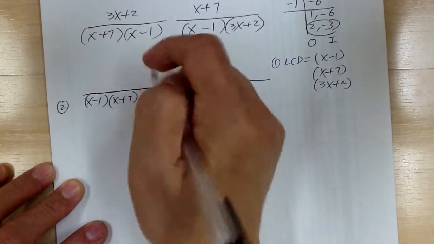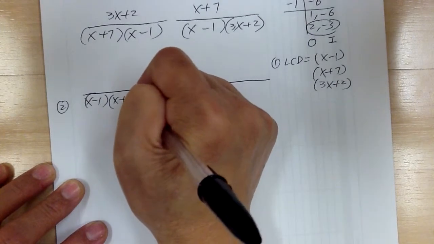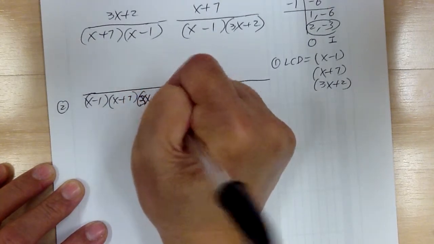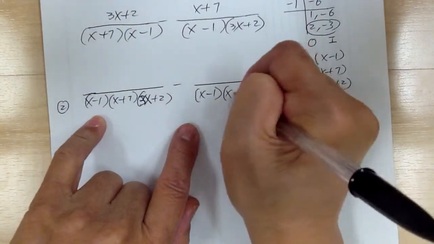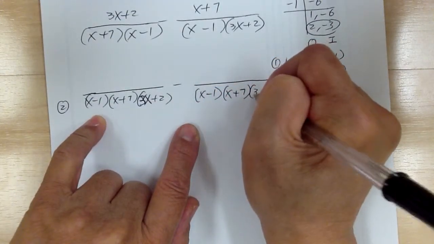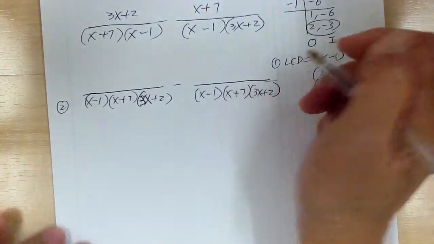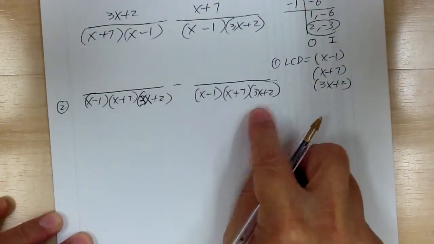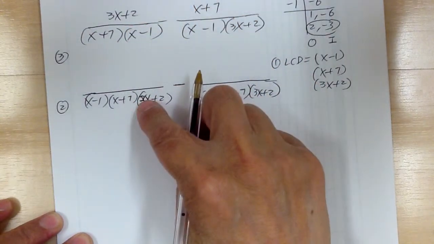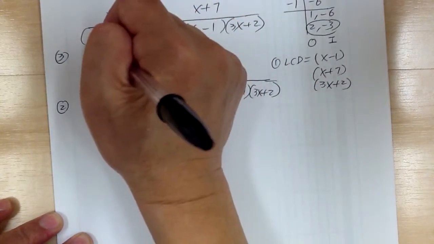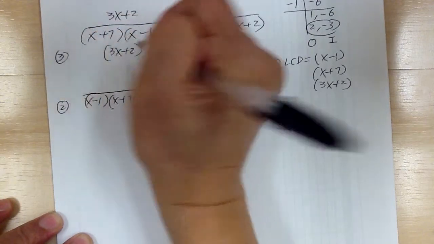Now it doesn't matter the order, it doesn't matter which one you put first. But you should make them the same order so that way you don't get confused. Okay, so that's your step 2 again. Get your LCD ready. Okay, now go to step 3. Figure out how you're going to get from here to here. What are you missing? Okay, you're missing the 3x plus 2.